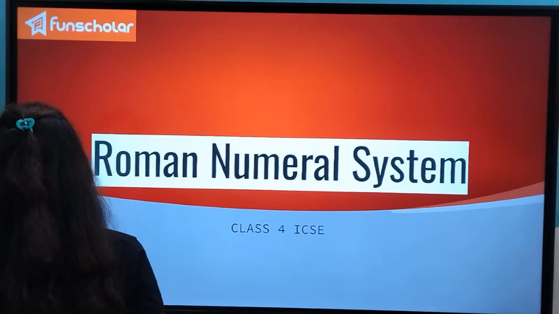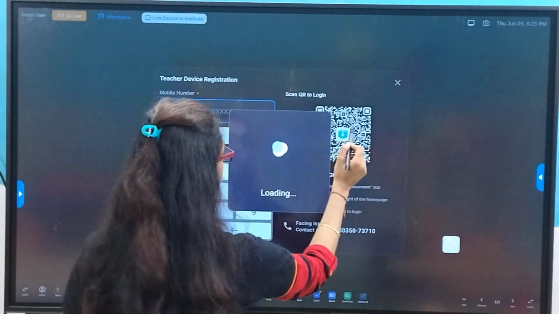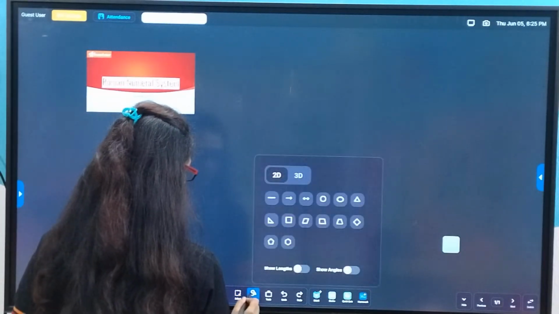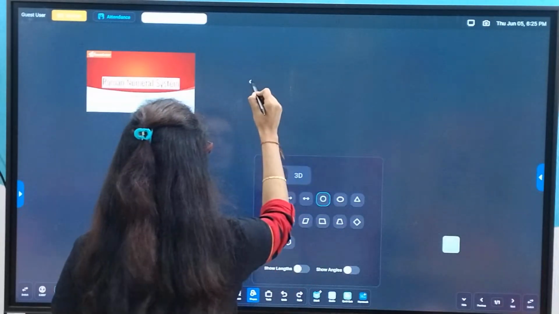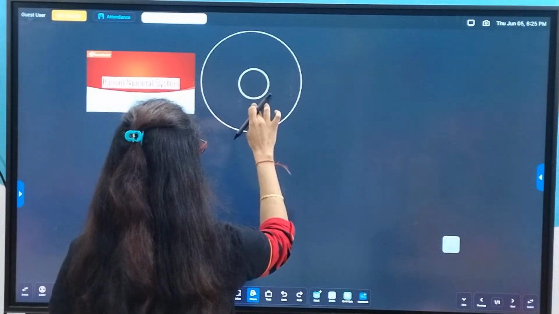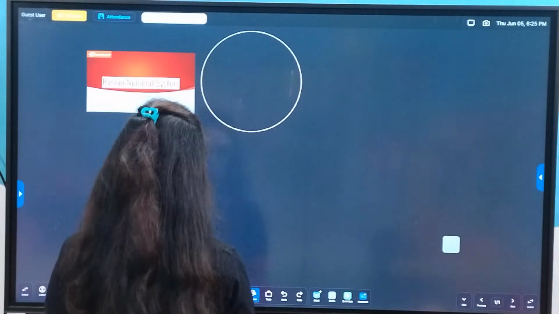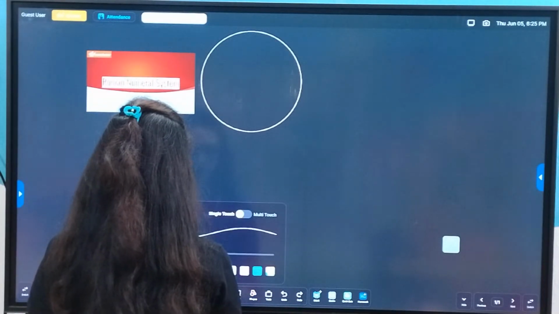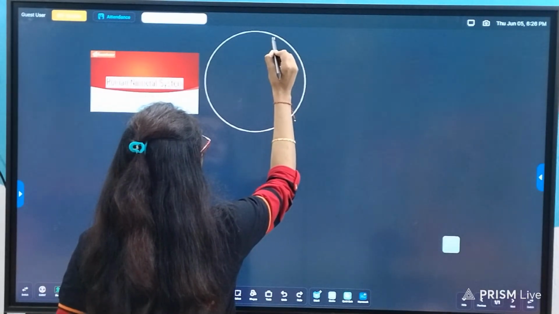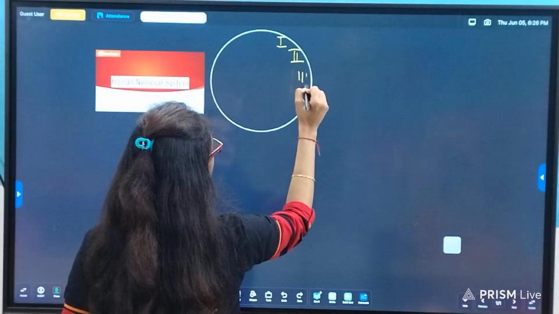Just see, this is a clock. Over here I am starting as 1, 2, 3.